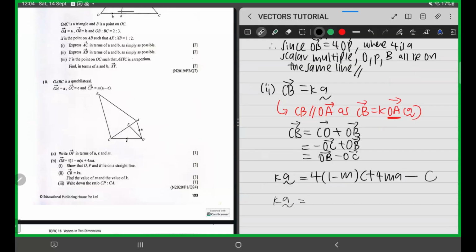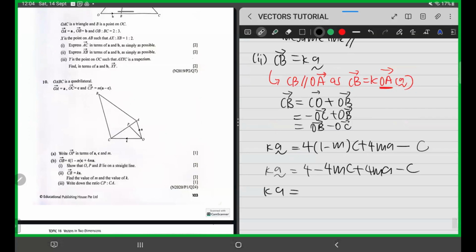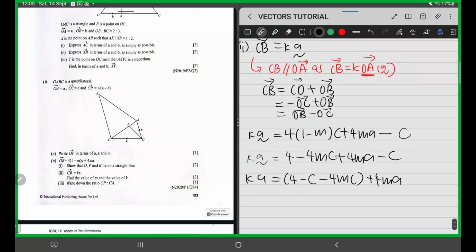You get 4 minus 4MC plus 4MA minus C. So KA is just 4 minus C, minus 4MC plus 4MA. Okay, then afterwards you can further simplify this.